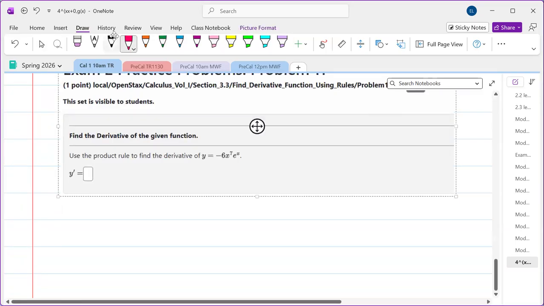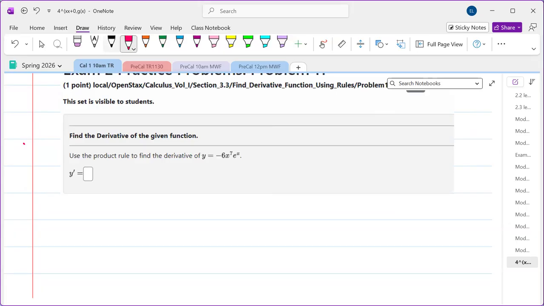So negative 6x to the 7th times e to the x. So that is a product rule. So I'm going to do the derivative of negative 6x to the 7th. That'll be negative 6 times 7x to the 6th. And then we keep e to the x the same.